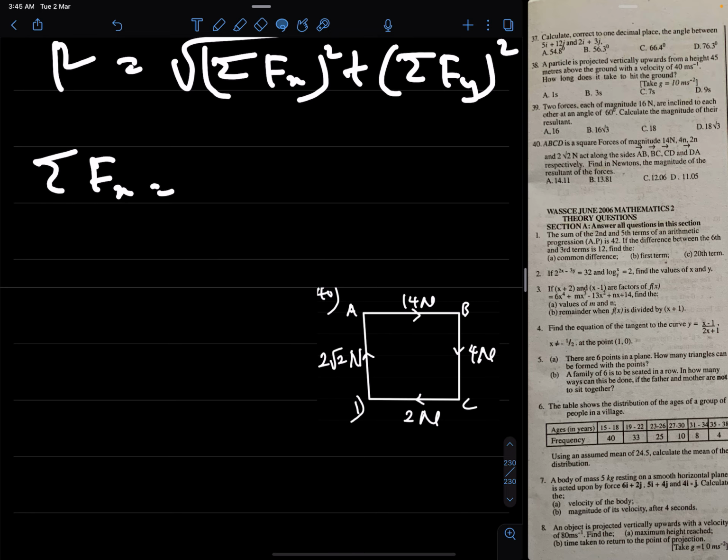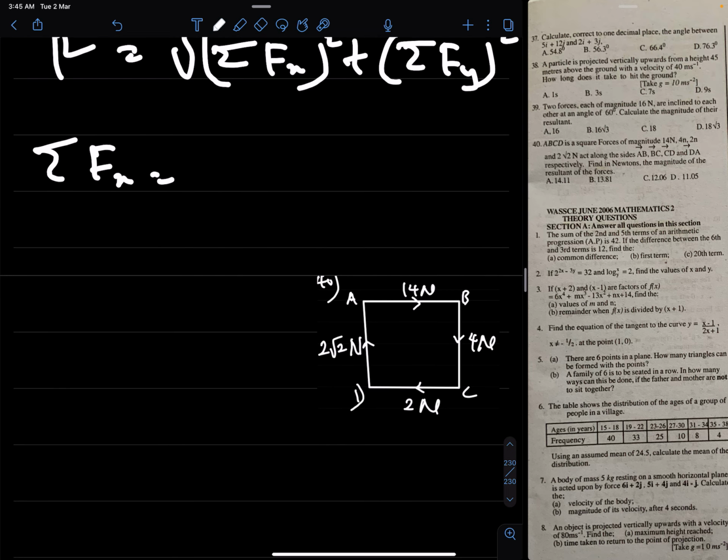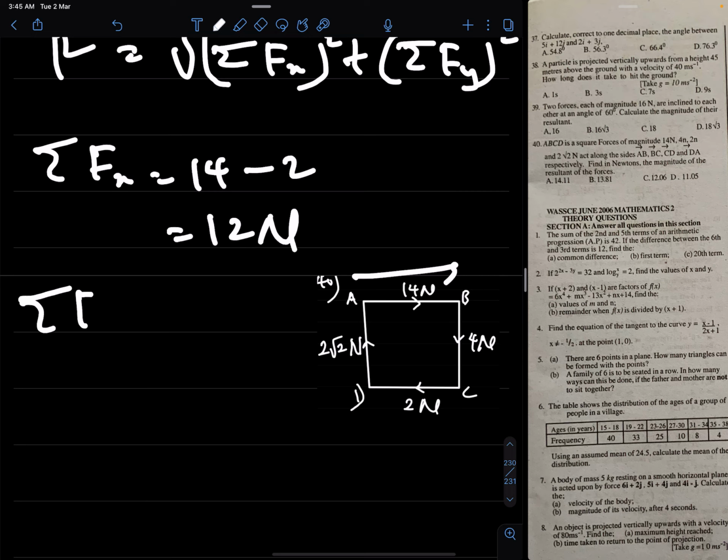The summation of horizontal components of forces will be 14 newtons. The 2 newton force is in the negative x-axis, so that's minus 2 newtons. So that's 14 minus 2, which is 12 newtons. And the summation of vertical components of forces: 2 root 2 newtons is positive, 4 newtons is negative.